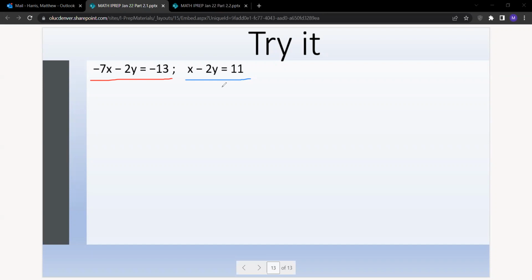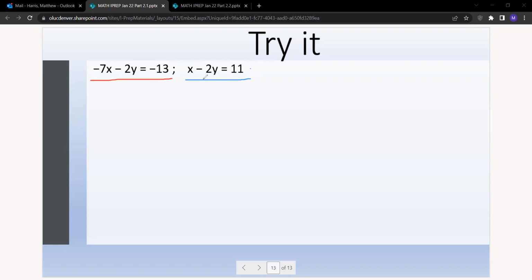So just looking at these, which of these equations looks simpler and a little bit easier to deal with? Cool. So I would say probably this one, the blue one, right? Because there's a 7, a 2, a 13, everything is negative. Whereas on this side, the x doesn't really have anything before it, and there's not another negative to deal with over here. So let's go ahead and look at x minus 2y equals 11.